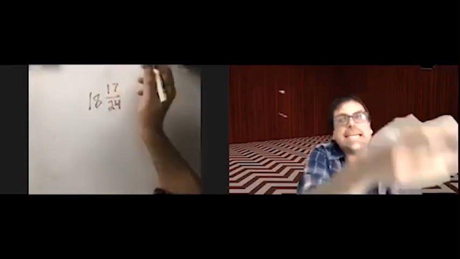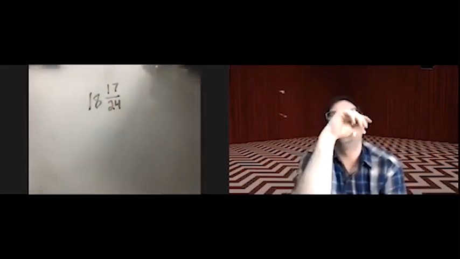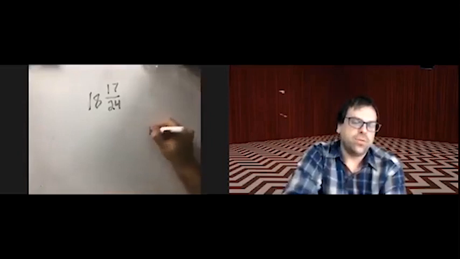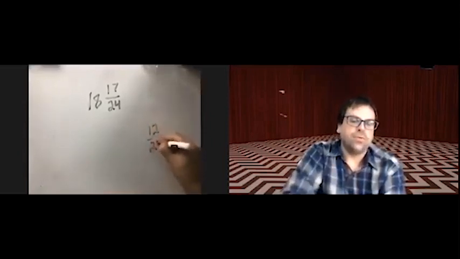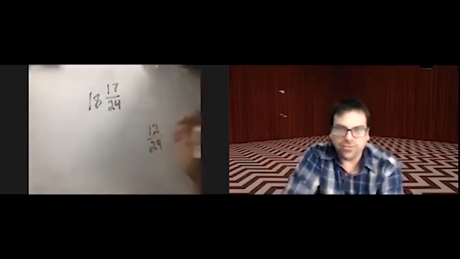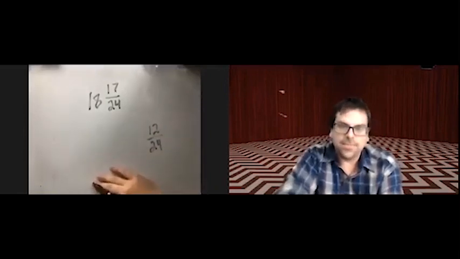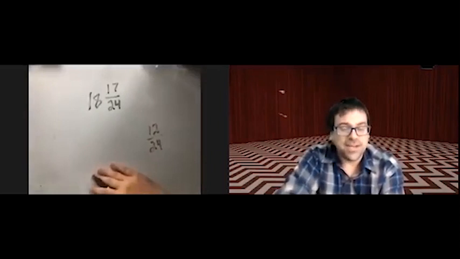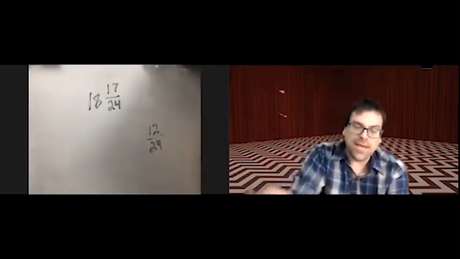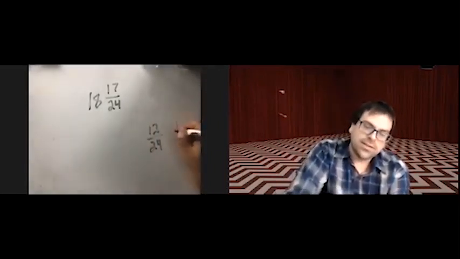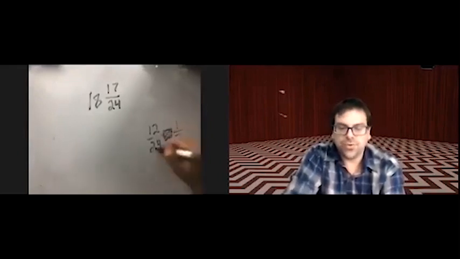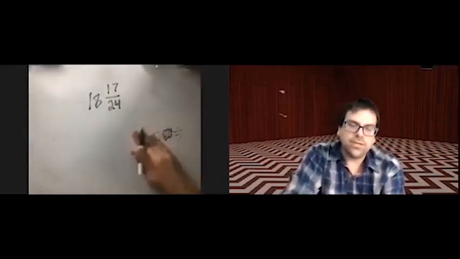If we had 18 and 17/24, what would be the halfway point of 24ths? Well, 12/24 is 1/2. We're going to find equivalent fractions in just a little bit. We talked about what makes equivalent fractions, cross multiplying and getting the same answer. 12 times 2, 24 times 1.